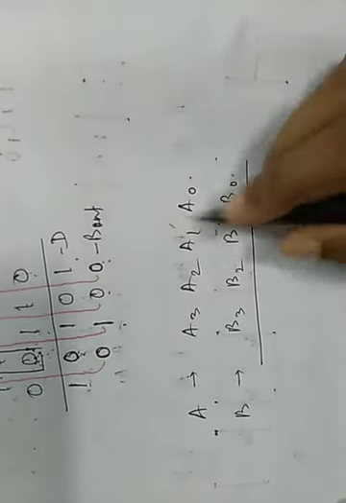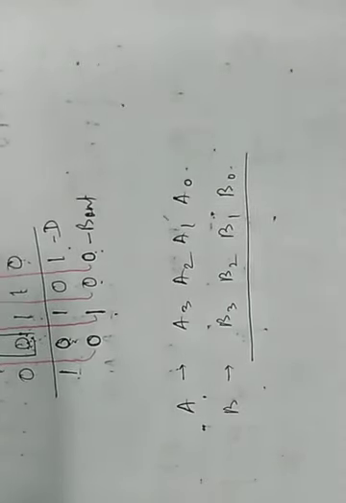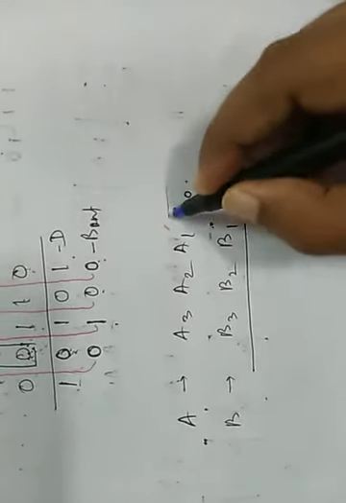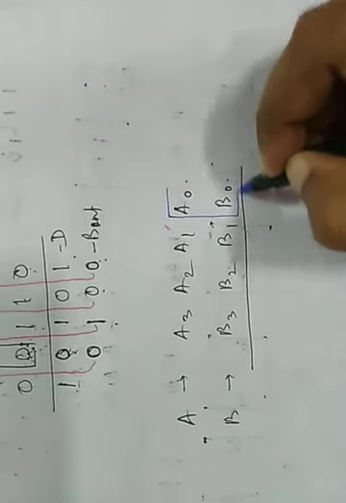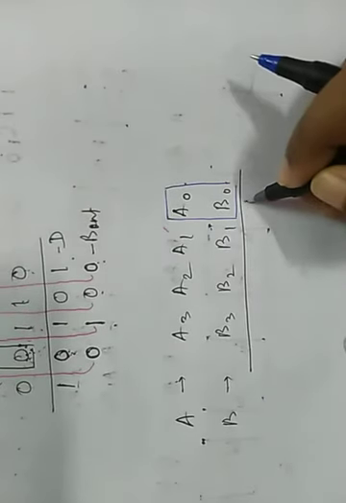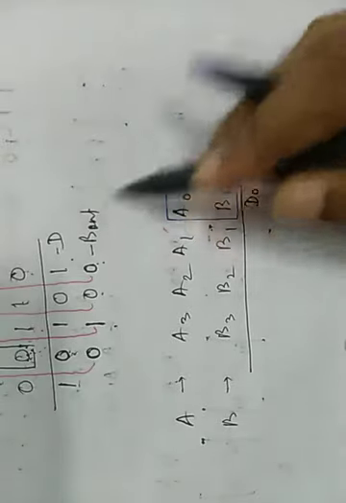Every time we do subtraction, when we subtract A0 with B0, we obviously get one difference, D0, and one borrow out.